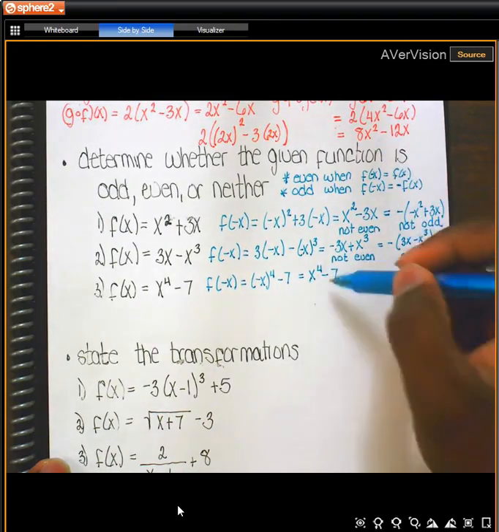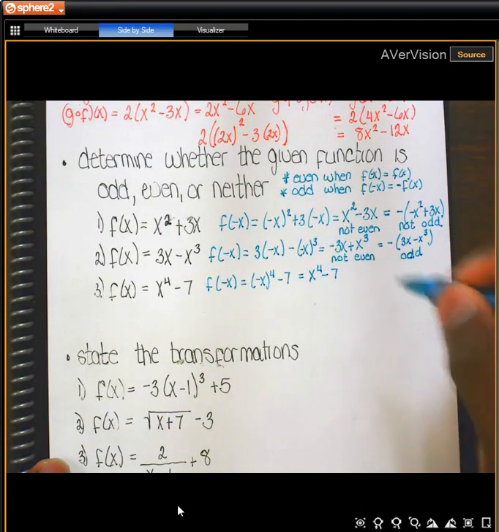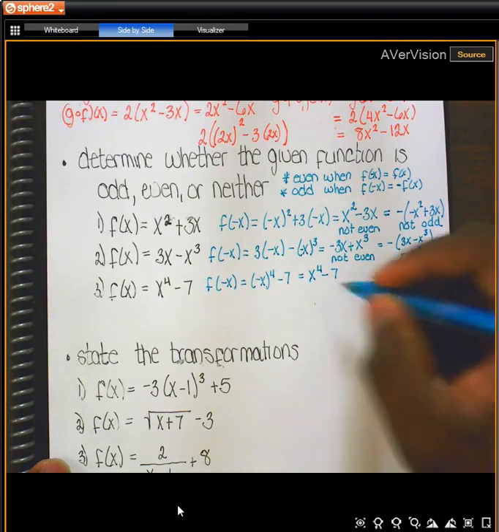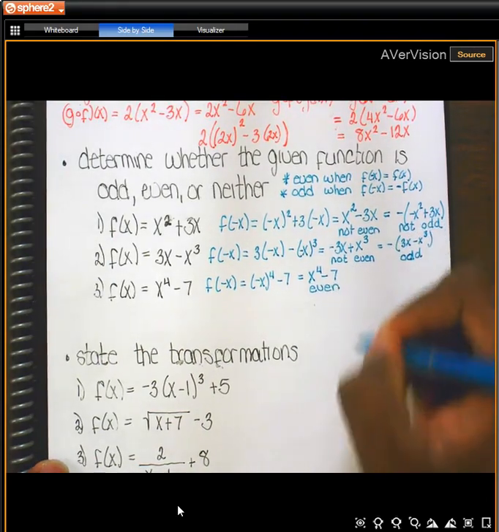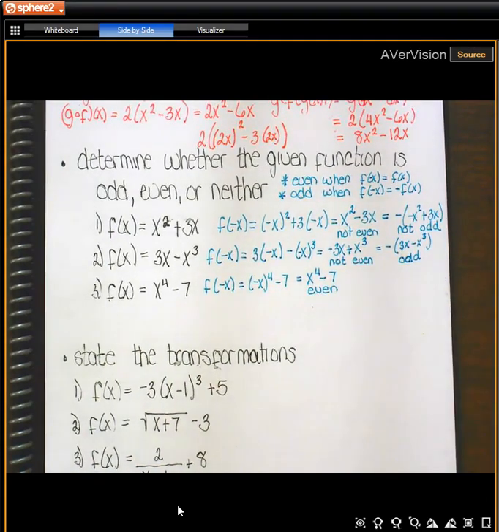All right, is this the same as the original? Yes, so this one is even. Any questions on how this works?